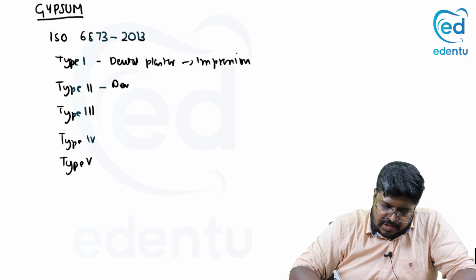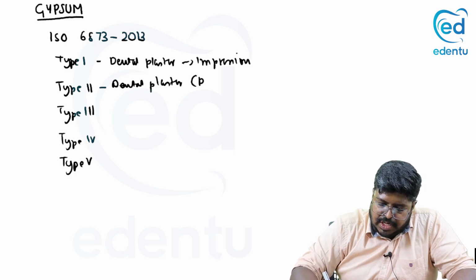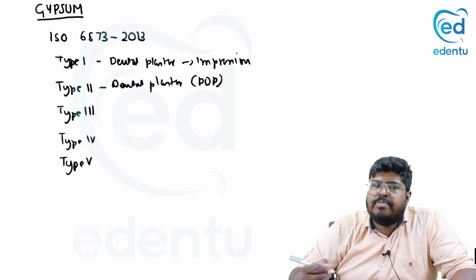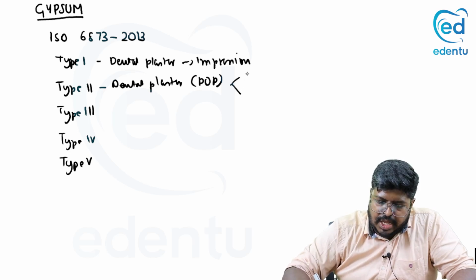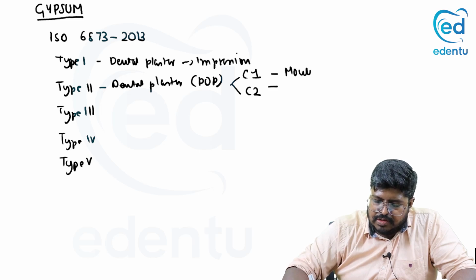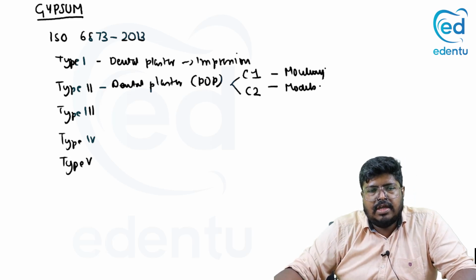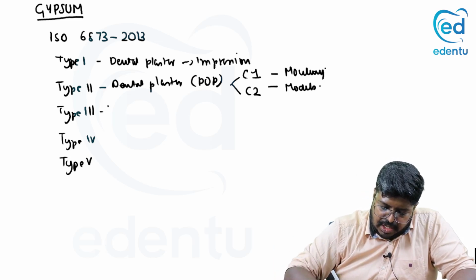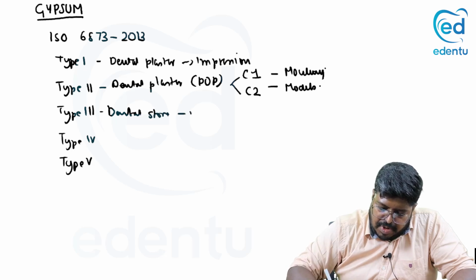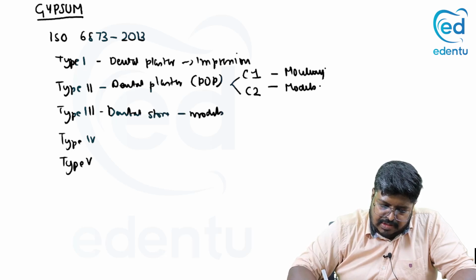Type 2 is also called dental plaster, but this is affectionately called our plaster of Paris. And there are two classes in type 2. You have class 1 and class 2. Class 1 POP is used for mounting, and class 2 is used to make models for diagnostic casts. Type 3 is called dental stone, and you can make models with this.